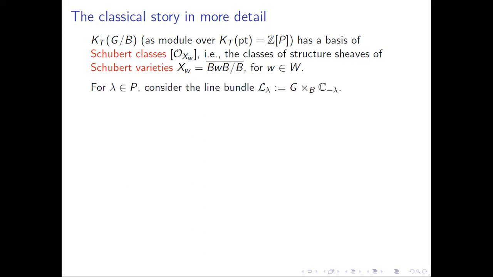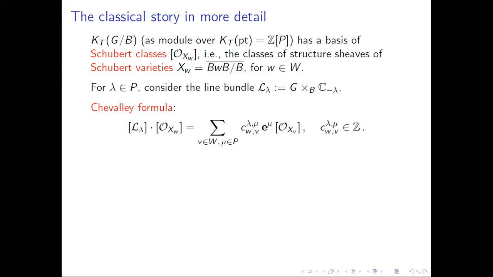So for each weight, there is a line bundle on the flag variety, denoted L lambda, defined like this. We consider a character of the torus, and this defines a one-dimensional representation of the torus, extend it to B, and then take the product with G. Then the Chevalley formula is the simplest multiplication formula you can write down in equivariant K-theory, or maybe cohomology.